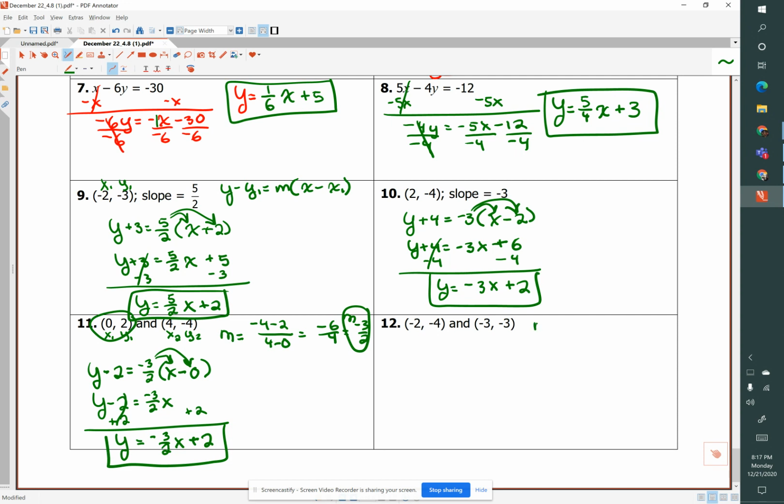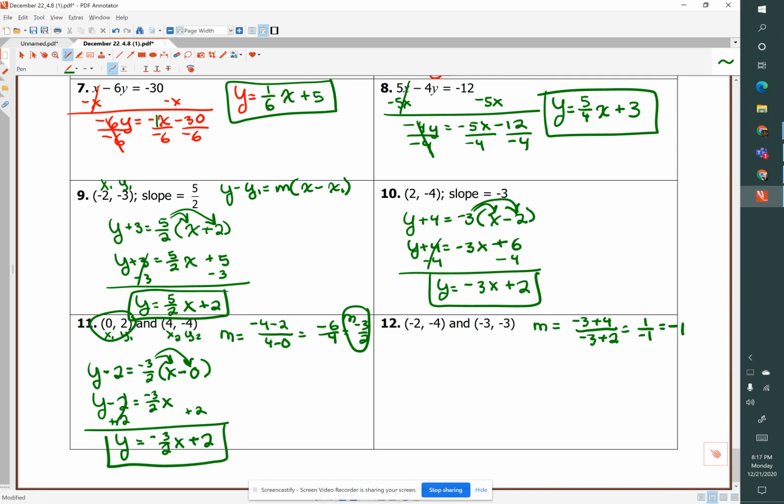And the last problem, we'll start with our slope, which will be negative 3 minus negative 4, which is plus 4, divided by negative 3 minus negative 2, which is plus 2, which will equal 1 over negative 1, which equals negative 1.